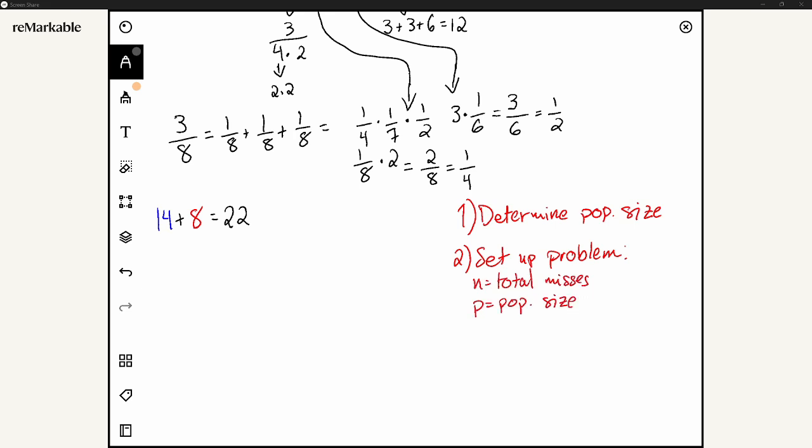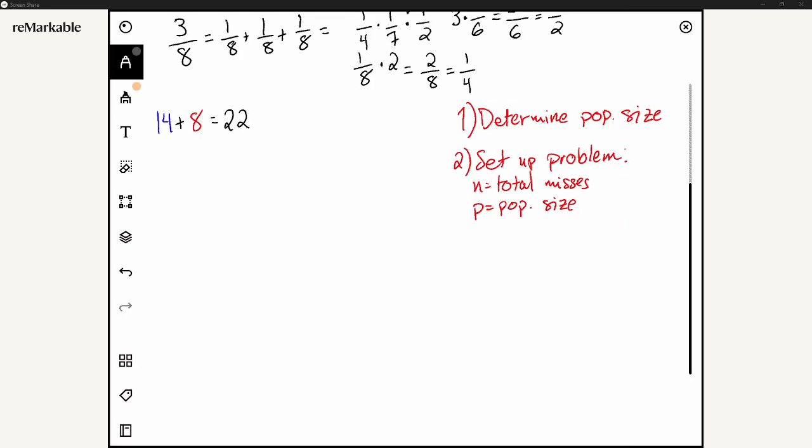We're going to set up the problem as n over P times n minus 1 over P minus 1 times n minus 2 over P minus 2. This will always give us the correct product.